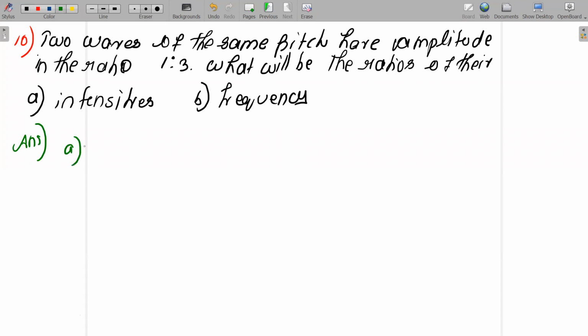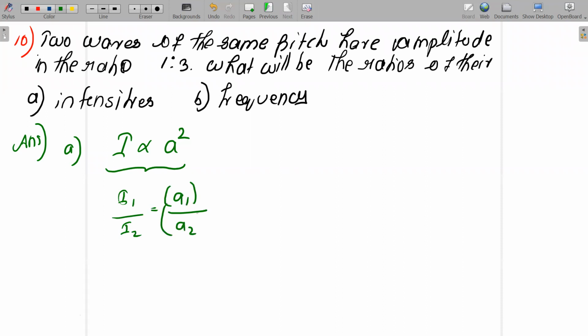First one we will do A, that is intensity. I1 by I2, intensity 1 divided by intensity 2. You remember this relation, I hope. Intensity is directly proportional to amplitude square. So I1 by I2 is equal to A1 by A2 whole square.